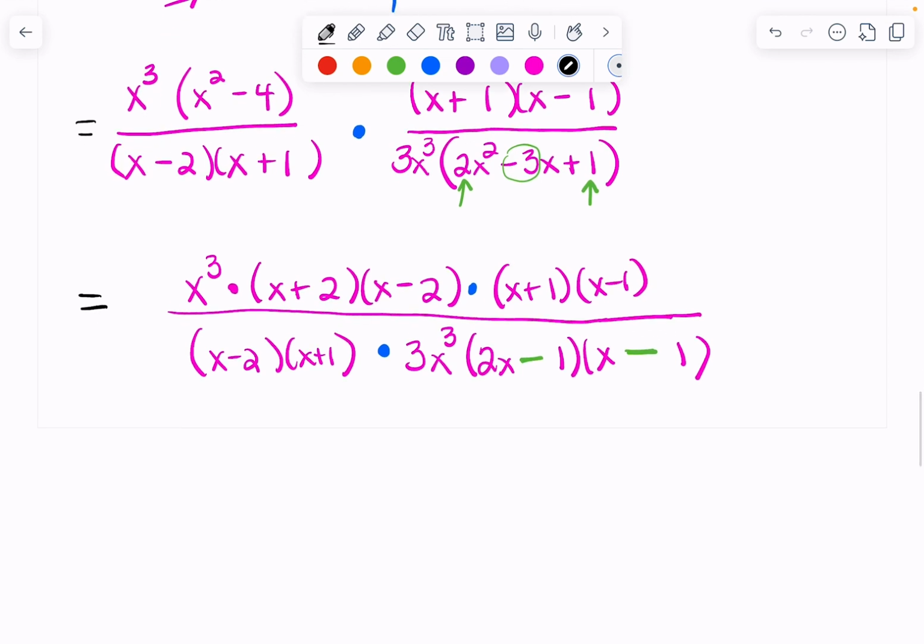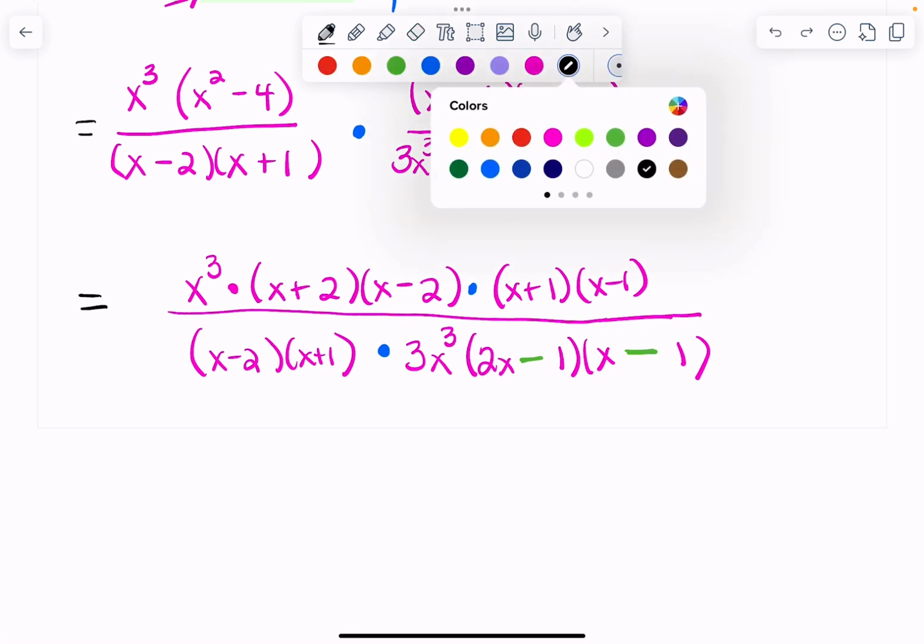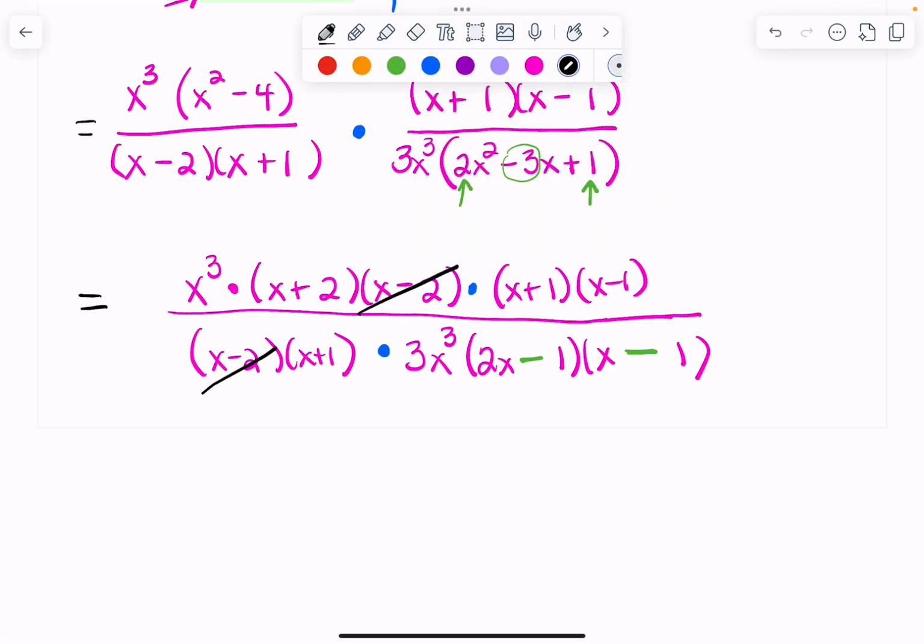Cancel, cancel, cancel. In terms of factors, I got an x minus 2 that can cancel on the bottom with an x minus 2 on the top. And an x plus 1 on the bottom with an x plus 1 on the top. And an x minus 1 on the top and on the bottom. And here's the other piece. Right here, we've got 3x cubed, which means 3 times x cubed.